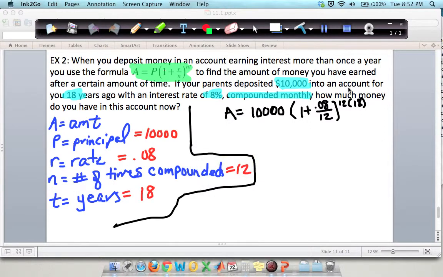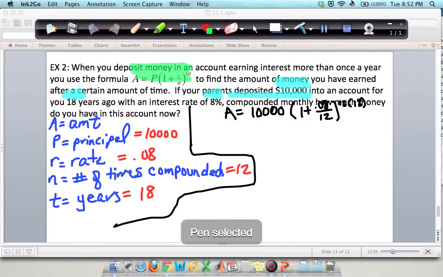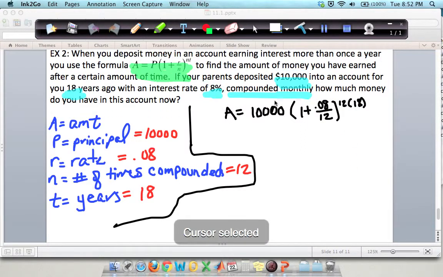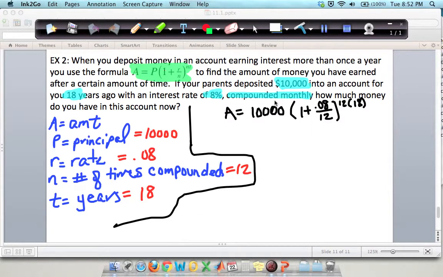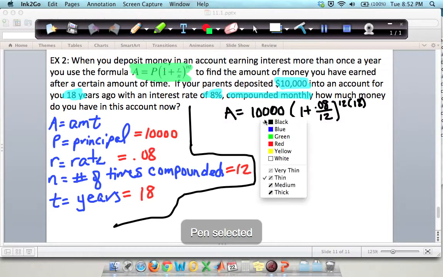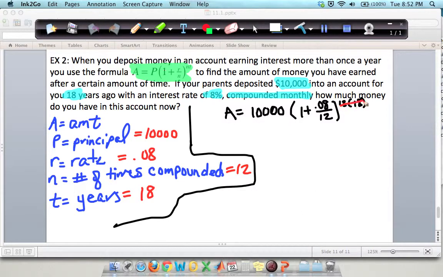And so what you can do, instead of having to put this, you have to use a lot of parentheses before and after it. I'm going to just say it was 216. Just plug it in like that. So it's 10,000 parentheses 1 plus 0.08 divided by 12 raised to the 216th power. And then this is money, so use a dollar sign.